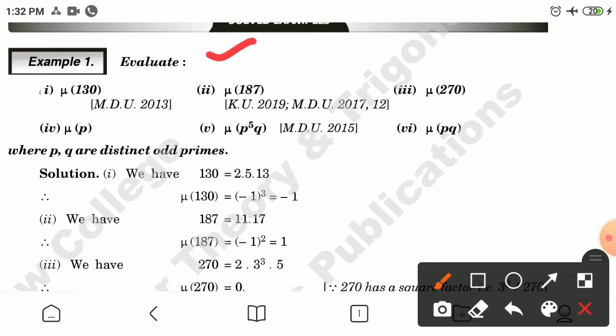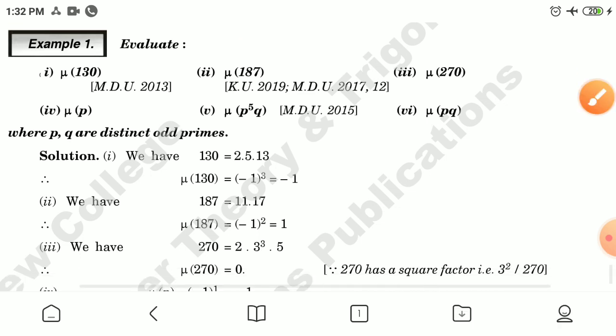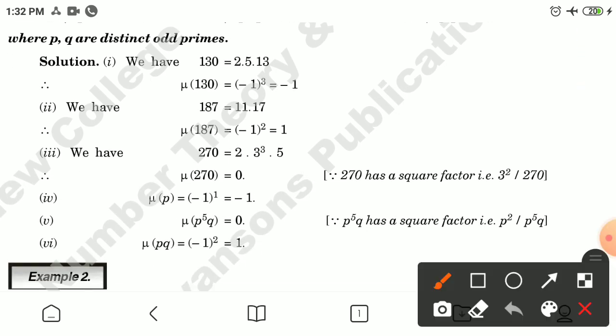evaluate first μ(130), μ(187), μ(270), μ(p^5 q), μ(p1 p2 ... pk), where the pi are distinct odd primes. Now for the solution, we have n is 130 and its prime factors are 2, 5 and 13. Therefore the value of the Mobius function at 130 is equal to (-1) raised to power 3, that is the value is minus 1.